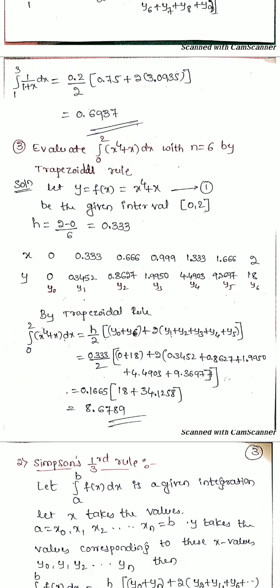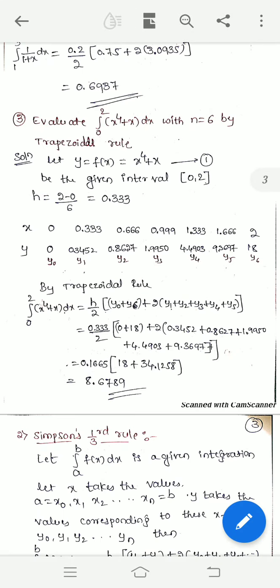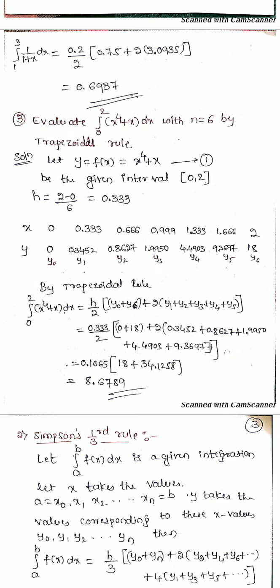Okay, so let me see the solution of this example. Let y equal to f of x, that is equal to x power 4 plus x, call it equation number 1, with the given interval 0 to 2. Then the h value we can find out: h equals (b minus a) divided by n. b is 2, a is 0, and n is 6 as given, therefore h is 2 by 6, that is equal to 0.3333.